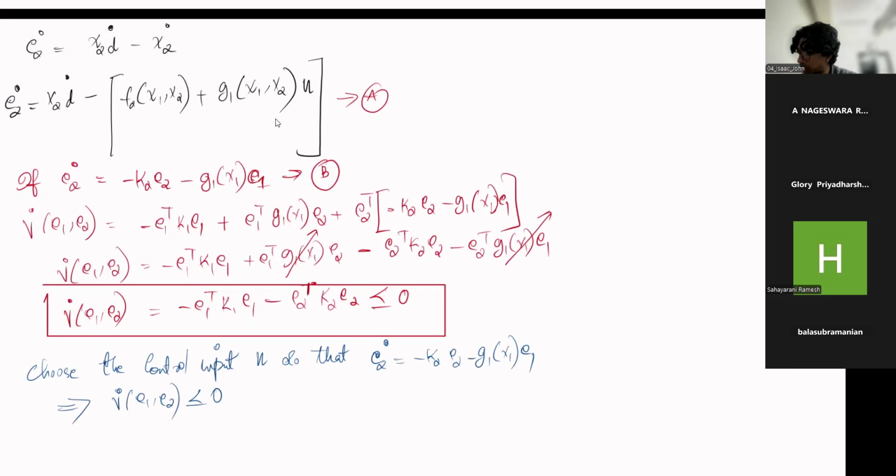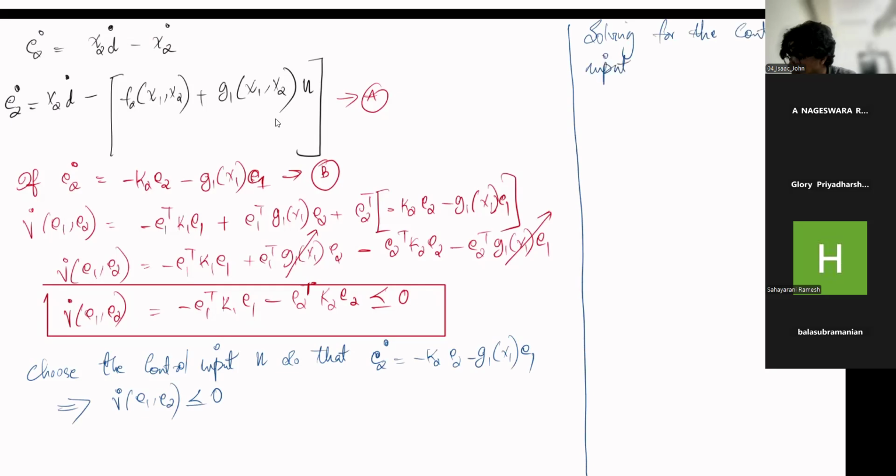So now solving for the control input U. Now what will it look like? E2 dot is nothing but minus K2 E2 minus G1 of X1 multiplied by E1.